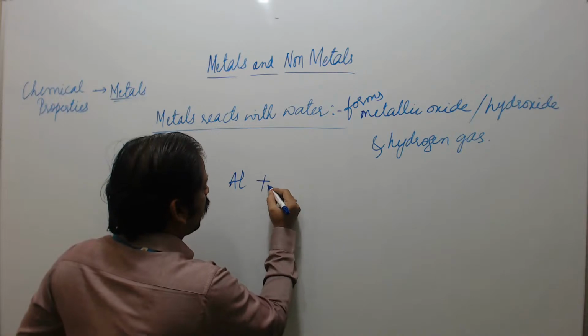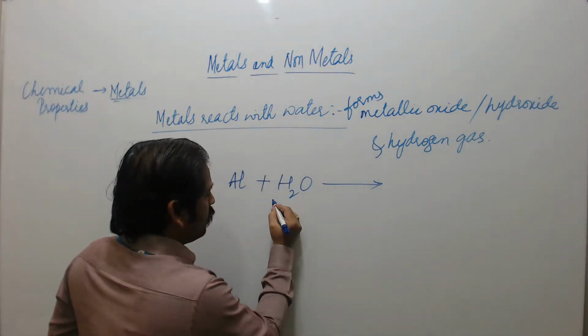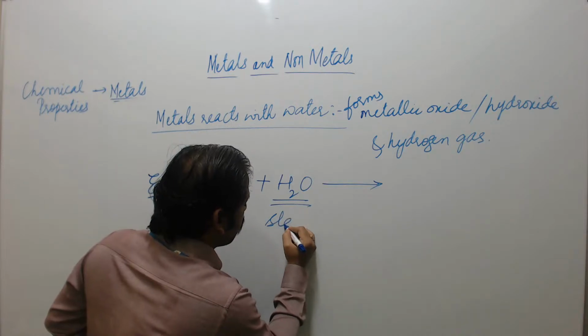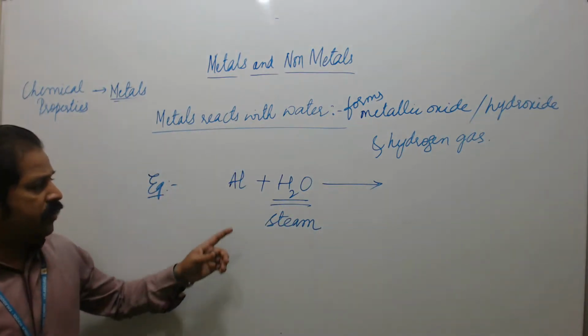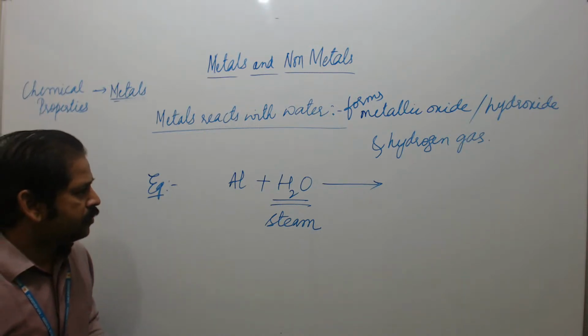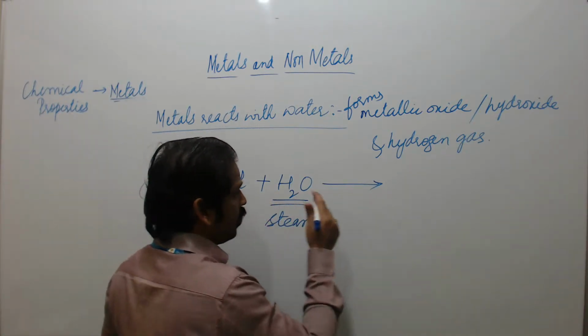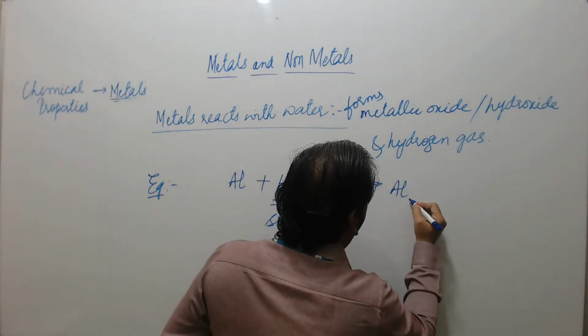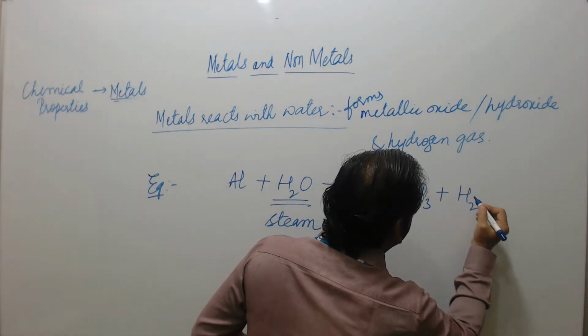Aluminium reacts with steam, yes, this will be steam, to get aluminium oxide and hydrogen gas.